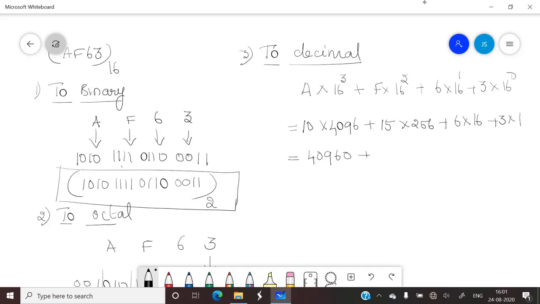40960 plus 3840 plus 96. 6 into 16 is 96 plus 3.